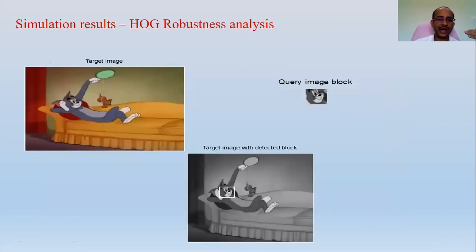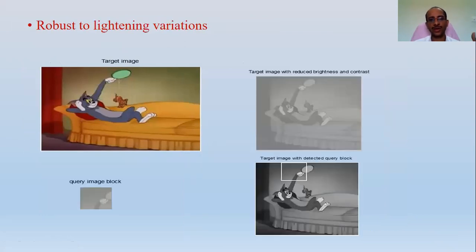If you want to find a particular object, I want to find the query image block: where is that in the video now? It's easy to extend these algorithms not only to images but also to videos, and the identification of a particular object can be done irrespective of the several variations in the image.